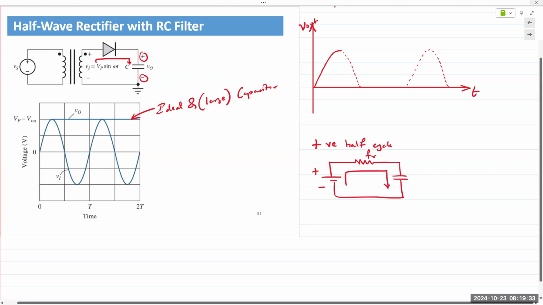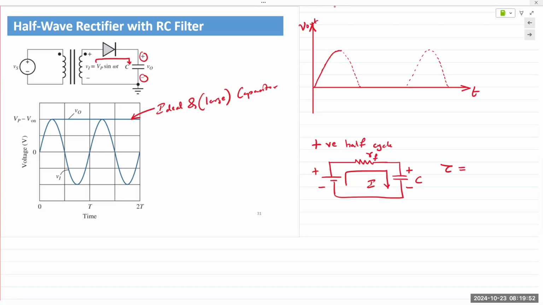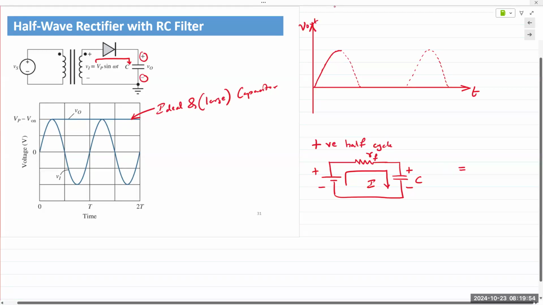And that's the direction of the current flow in the circuit. So the capacitor charges. Tau, in this case, would be the forward diode resistance, RF, times C. That would be the forward resistance times the value of the capacitor.